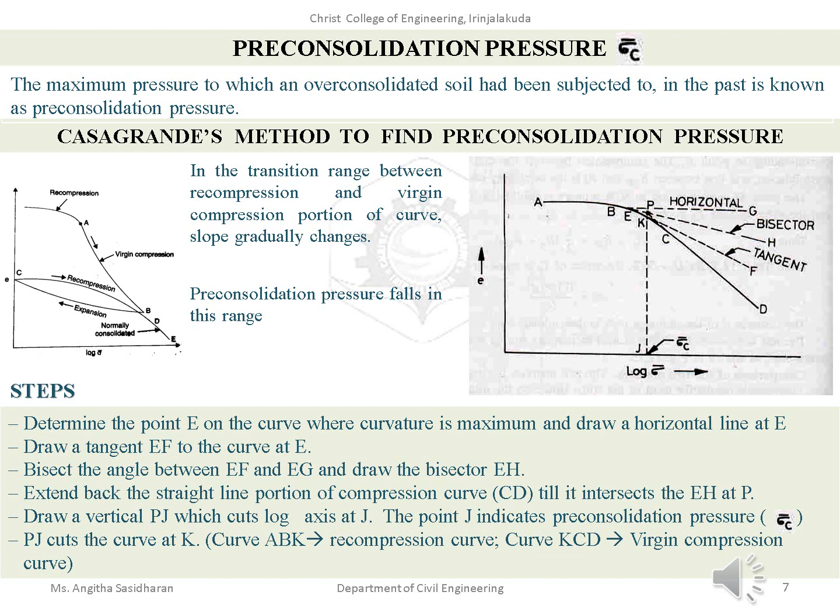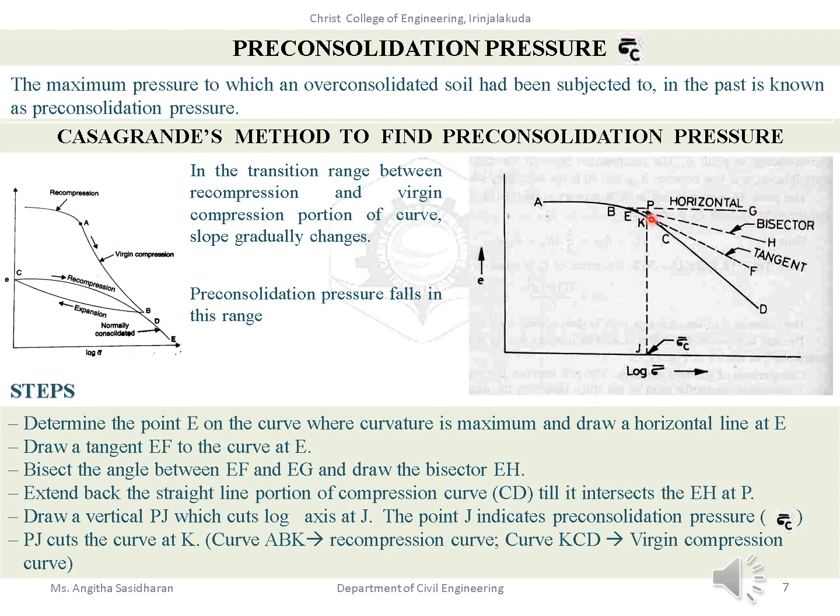Now extend the straight line portion of the compression curve. Which is the straight line portion of the compression curve? It is the virgin compression portion. So you have to extend this portion CD backward in order to meet EH, the bisector.